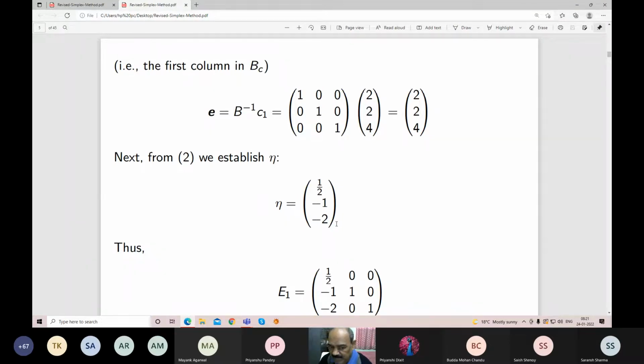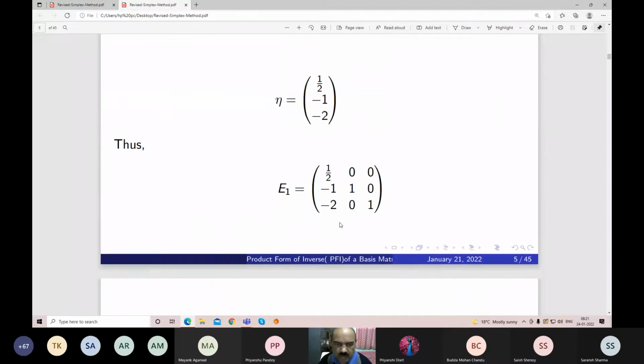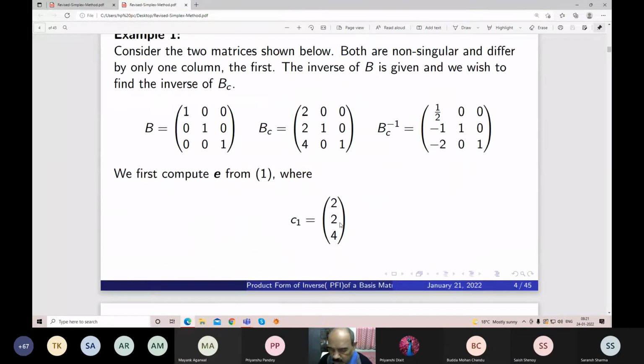I am coming to the next example, the second column. Why we are selecting this? It's written in the question. See, in the simplex table, when we are using the condensed simplex table, we have decided one vector is entering, and one variable is leaving.